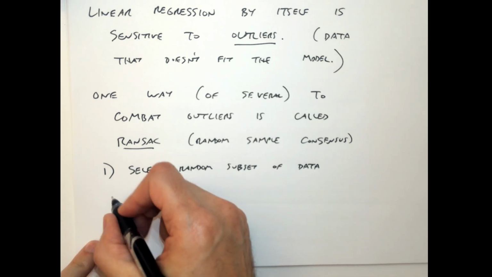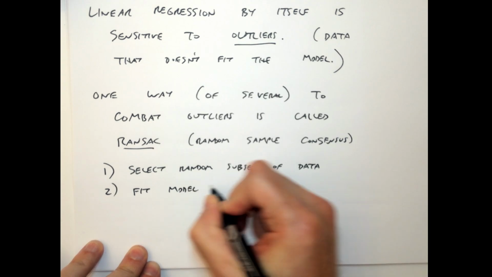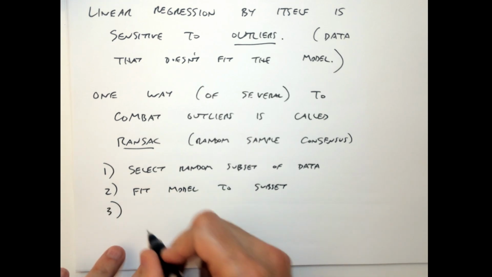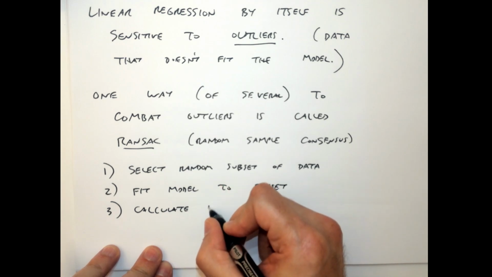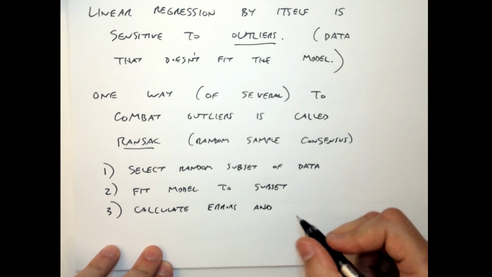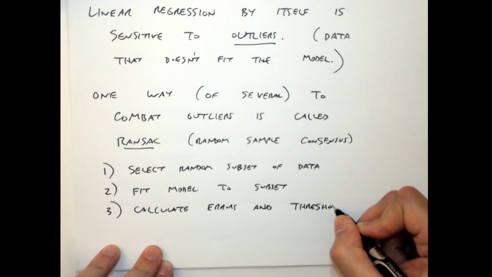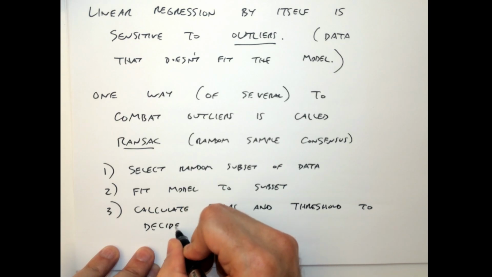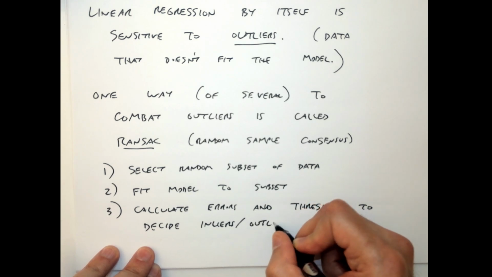So then, given that smaller subset, I fit my model to the subset, and then I calculate my errors, and I basically threshold that error to decide what points are inliers and what points are outliers, right?